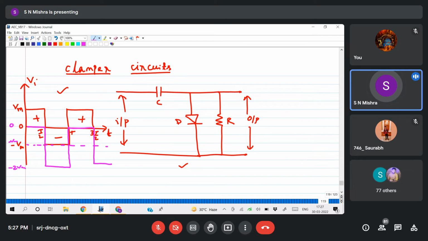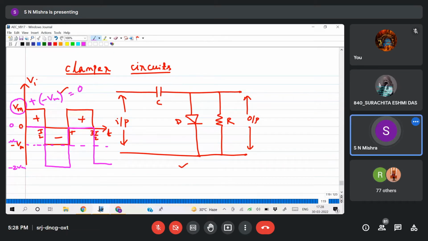So visualize that the entire signal is shifted downward by Vm. Vm plus minus Vm gives 0. 0 plus minus Vm gives minus Vm.